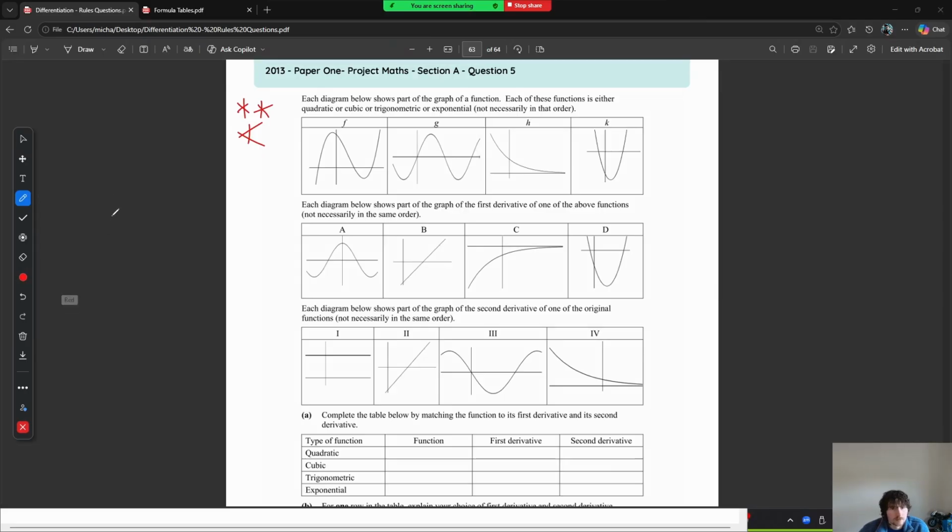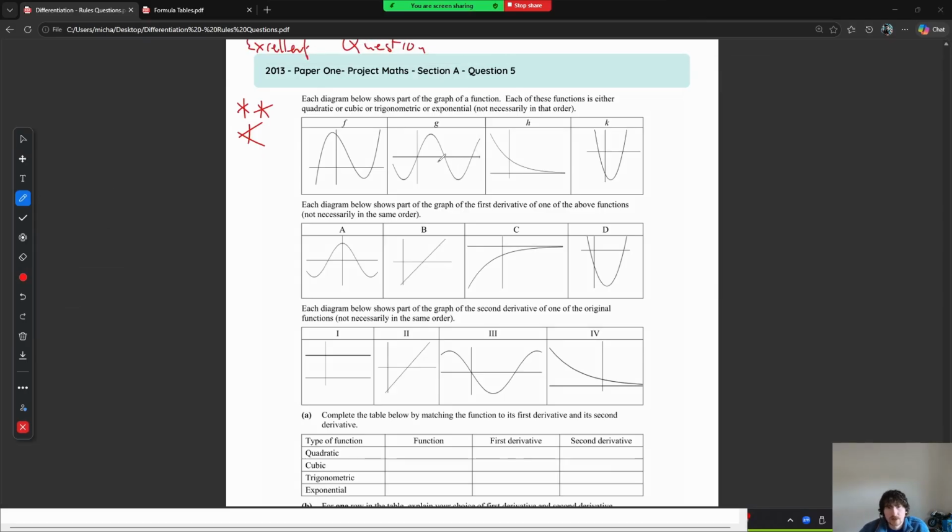Okay, so let's do this. So what we've got here is a trigonometric function, right? This is sine, by the way. We should know that that's sine if you've watched the trigonometry videos, okay? So the derivative of sine is cosine, and then this is a cosine here. But you didn't need to know that either. You just know that, oh, the trig, when you take a derivative, it becomes another trig function. And so when you take a derivative of cos again, it becomes minus sine.